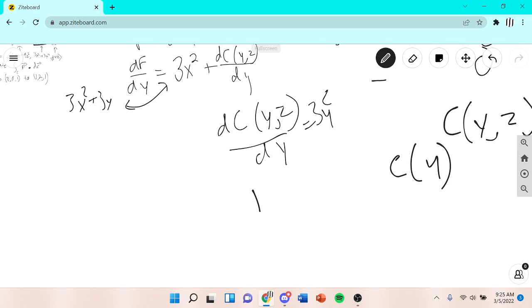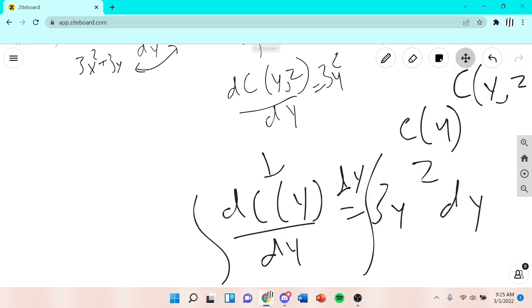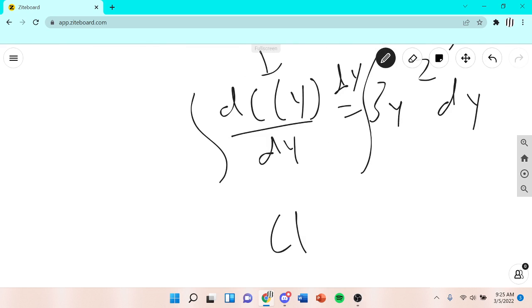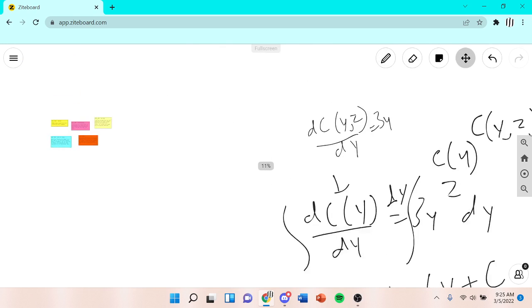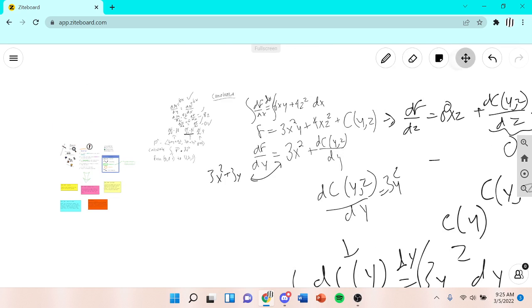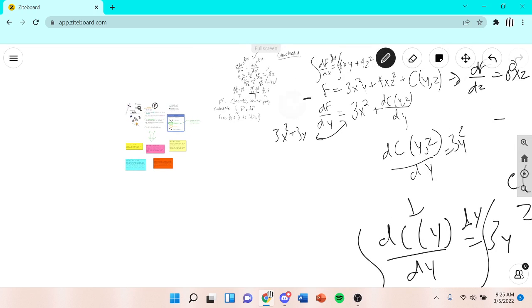Now we can just say that the derivative in terms of y of c is equal to 3y squared, and because now we can just integrate on both sides in terms of y, we know that our c of y is equal to y cubed plus, now we can just say a regular c. So now we have this function right here.